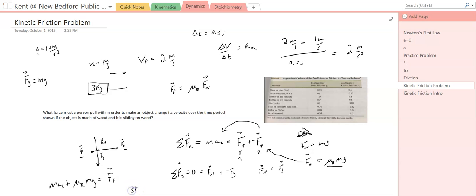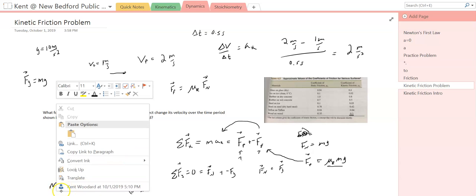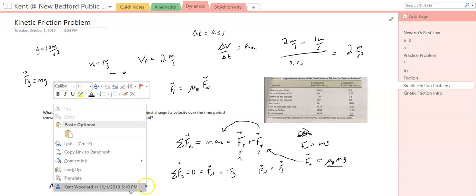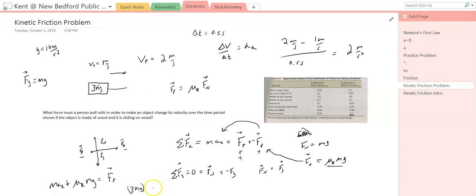So the mass is 3 kilograms, so I'm plugging that in there: 3 kilograms times 2 meters per second squared, plus mu k, which is 0.3. 0.3 has no units, so don't worry about that. Times our 3 kilograms again, times g, which is 10 meters per second squared.